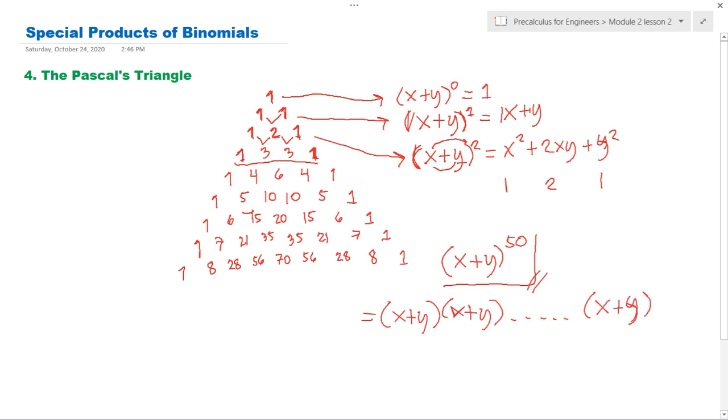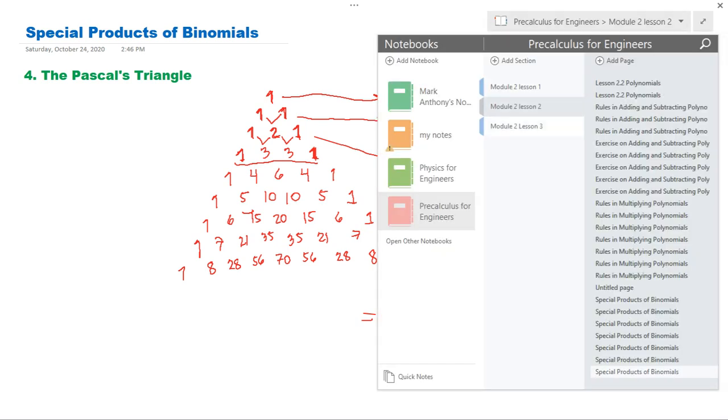Then, you manually multiply them. So, siguro maabutan ka sa kasimana, maabutan ka na isang linggo. So, ganun, napakahirap. That's why you need a background on the binomial expansion, yung pattern niya, pati na yung Pascal triangle. And I think this is the end of our discussion in lesson 2.